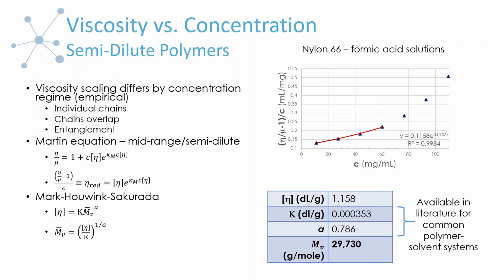But the idea is that from fitting the model to my data, in this case I had nylon 66 in formic acid, this is my reduced viscosity as a function of concentration. So I was able to get an intrinsic viscosity value from this plot.